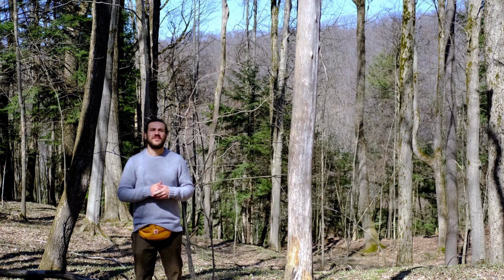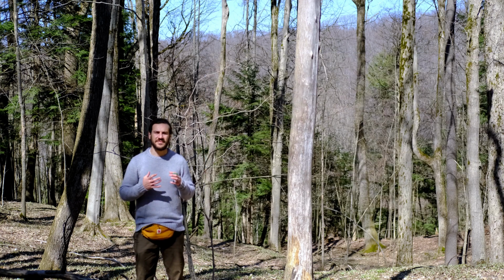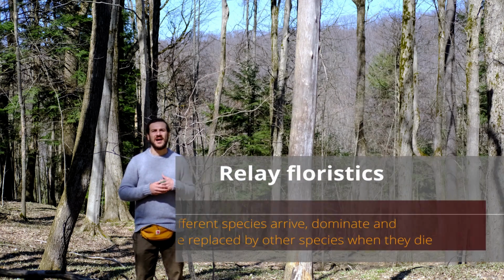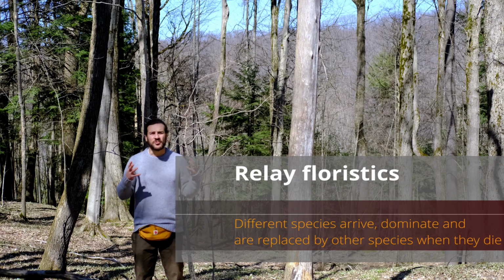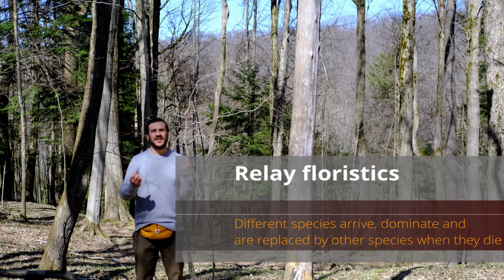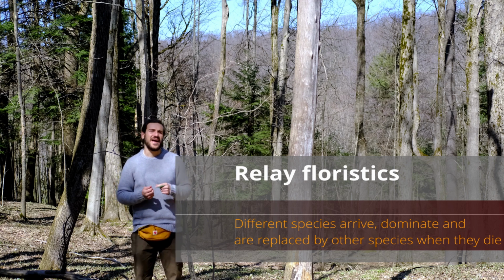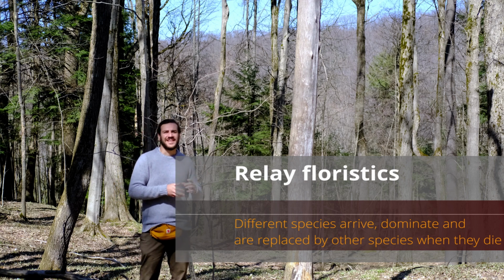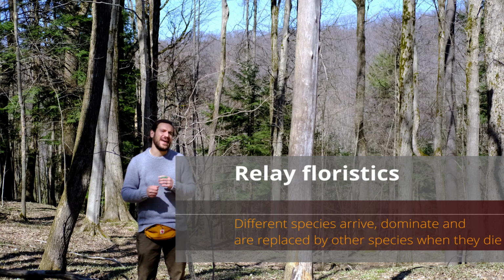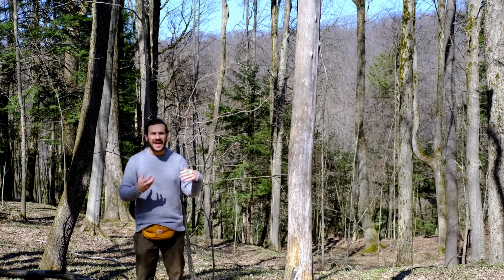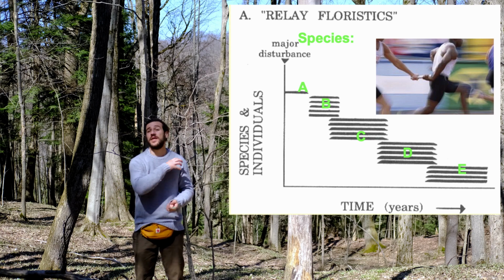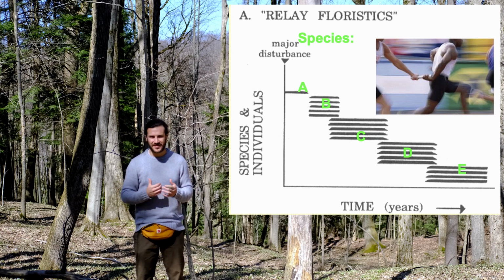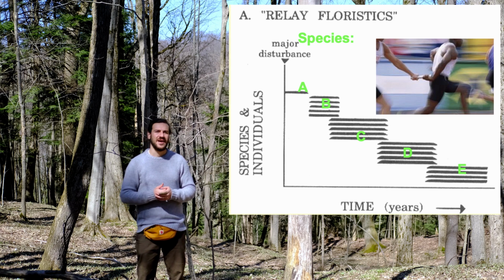So the first of these two theories that help describe these forest patterns is relay floristics. In relay floristics, kind of like a relay race, you have certain species that enter that area and then they die, and then other species fill their niche, they die, and then other species come in. So similar to a relay race.